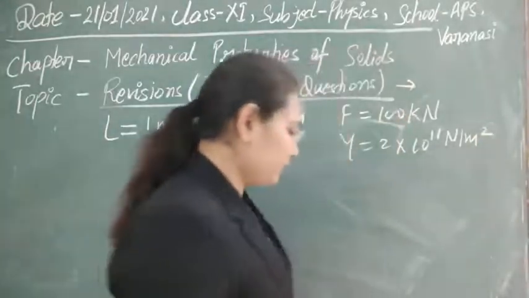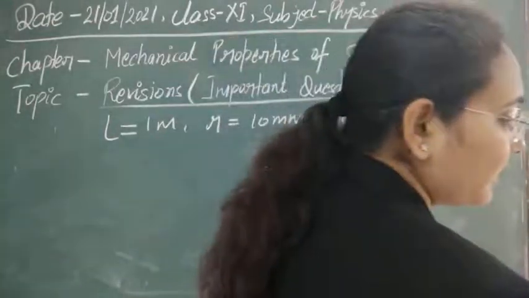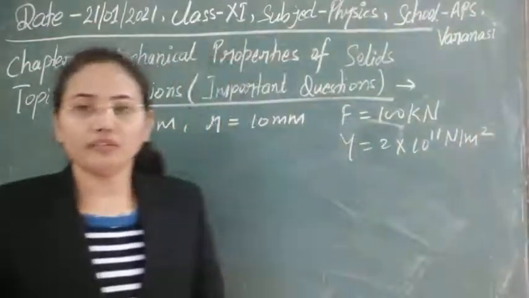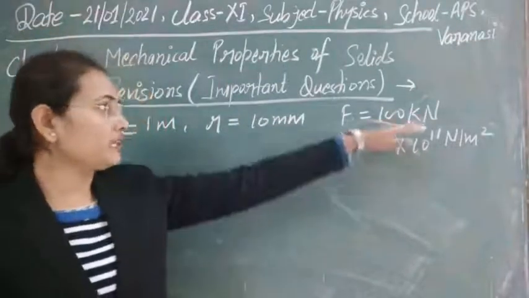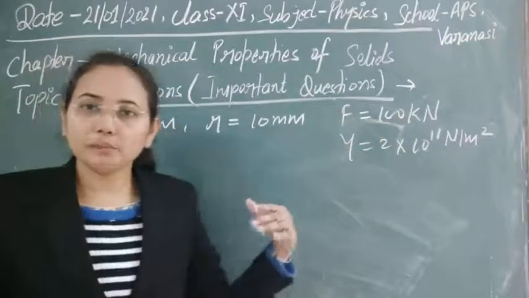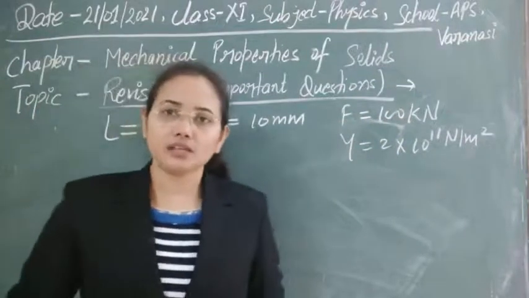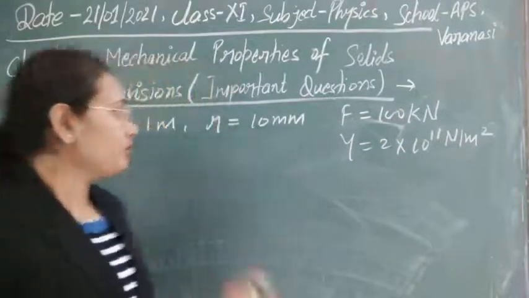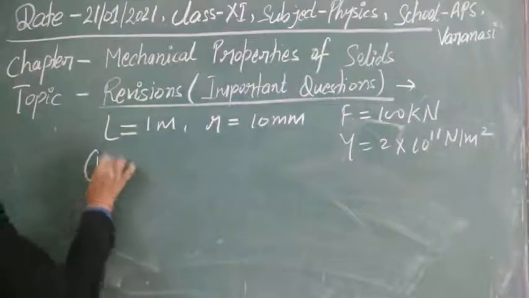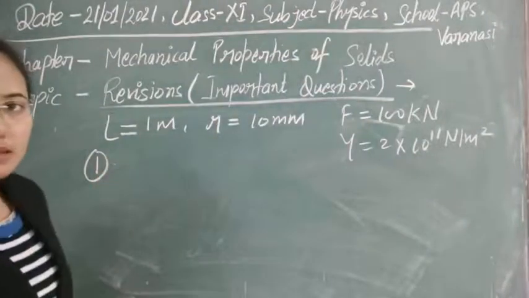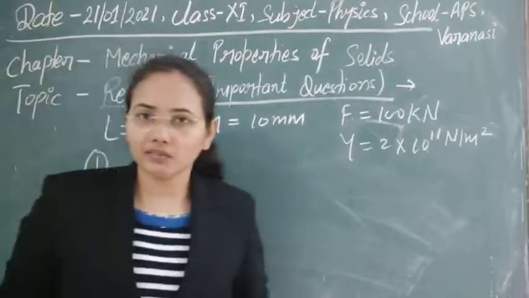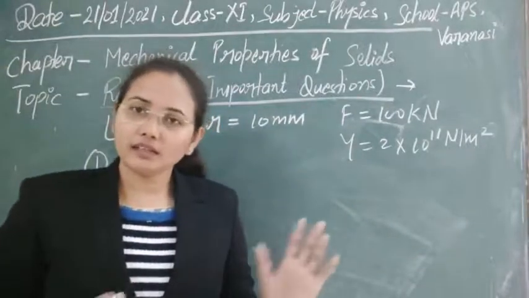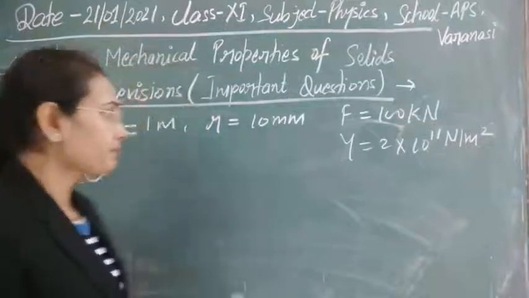So we have to calculate the value of stress, the elongation in steel due to the application of this force, and the percent strain produced here. First of all, let's start with the stress. Basically, here we are taking three topics in one question: strain, stress and Young's modulus of elasticity.